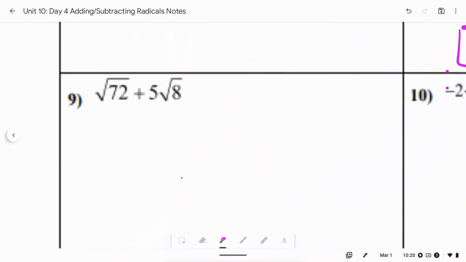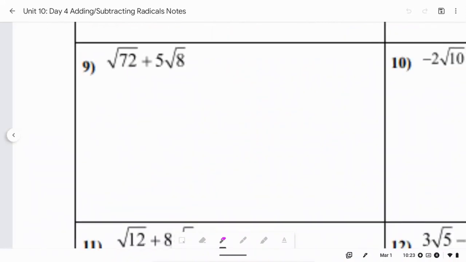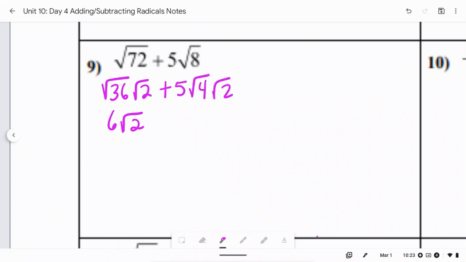Next example, number 9, again, I have 72 and 8, so I can't combine them, but I think I can reduce both of them. For 72, the number I can divide it by is 36 times 2. And the square root of 36 becomes 6 square root 2. For the square root of 8, I can divide that by 4 times 2. The square root of 4 becomes 2.